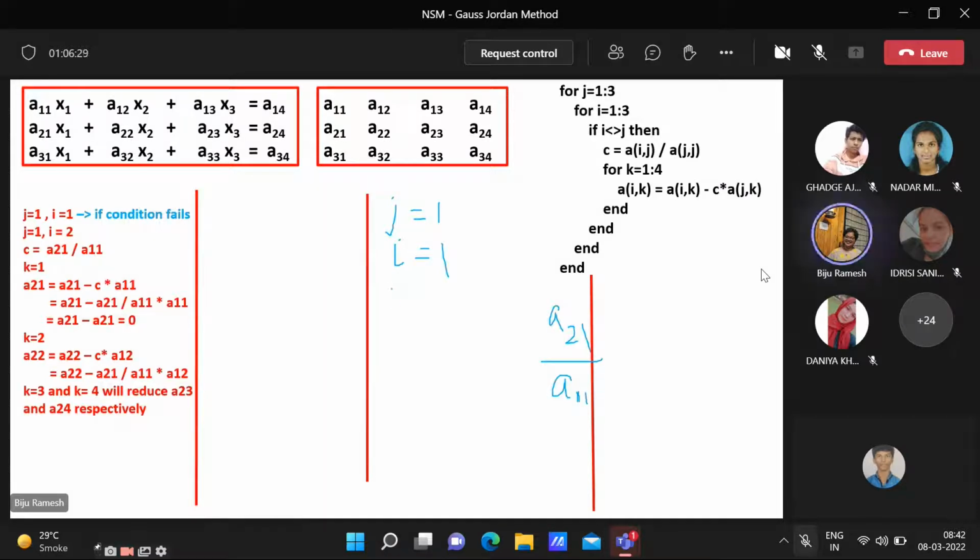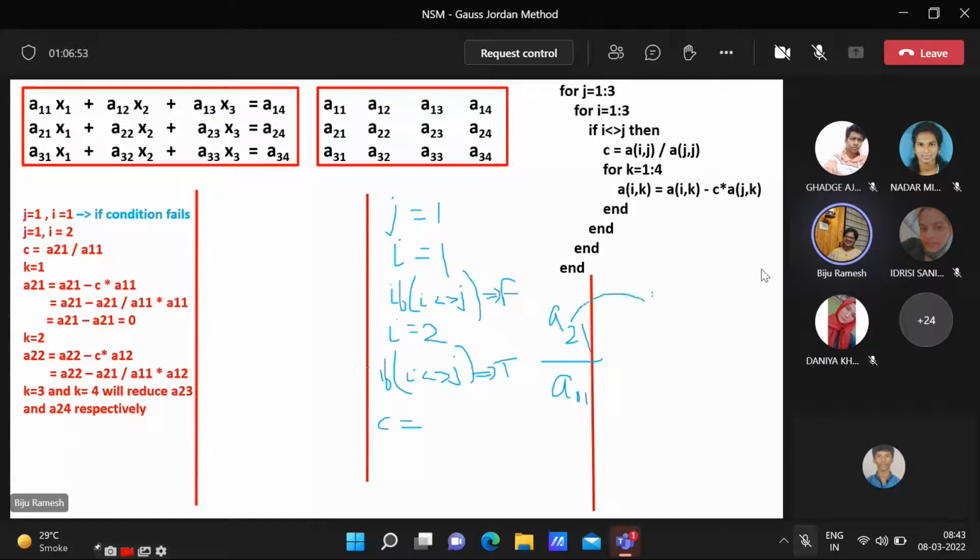So i is equal to 1. Now the condition says if i is not equal to j, it is equal, so this is false. So i is incremented by 1. So i becomes 2. If i is not equal to j, this is true. So now we are going to find the constant. So where is this 2?